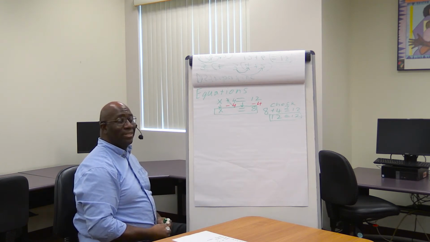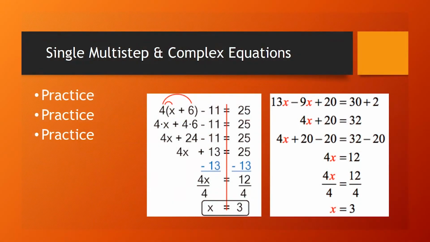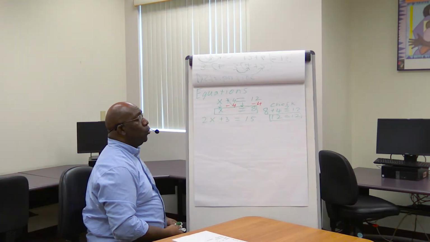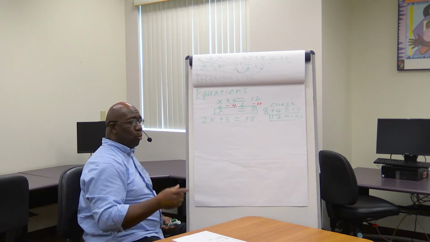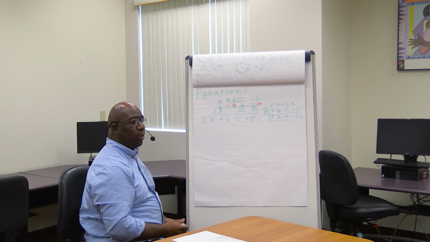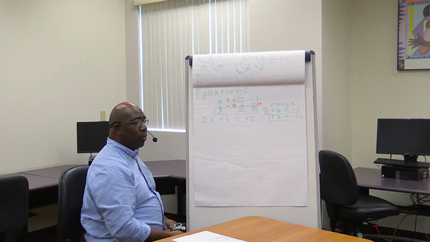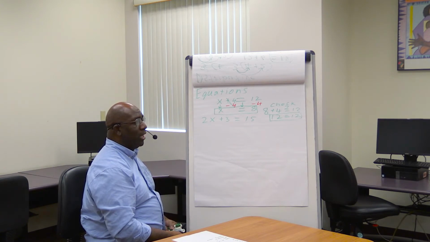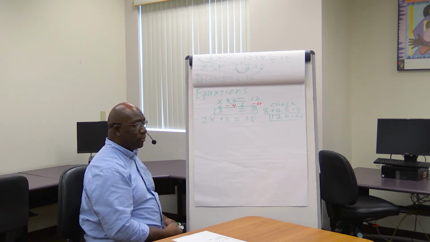So here's another example of an equation. 2x plus 3 is equal to 5. I just went from a single step equation to a multi-step equation. Now, in order to solve this equation, I don't have to do just one thing. I now need to do two things to solve this.